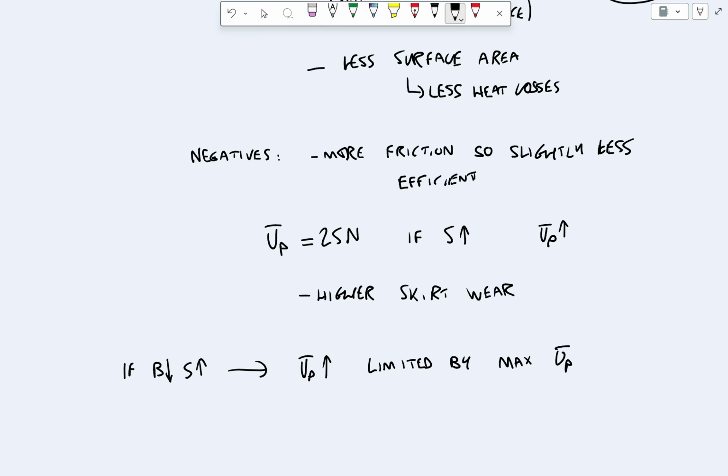There's a moment where if we go too fast and if we have too high of an average piston speed, we might start having problems with the piston wearing too much, and the force of the piston moving up and down is too much for the materials to handle. So something that we have to keep into account.